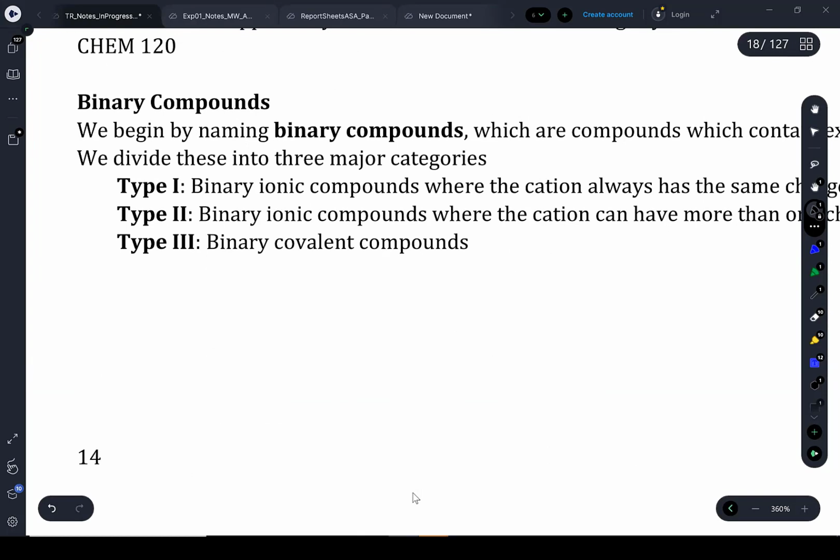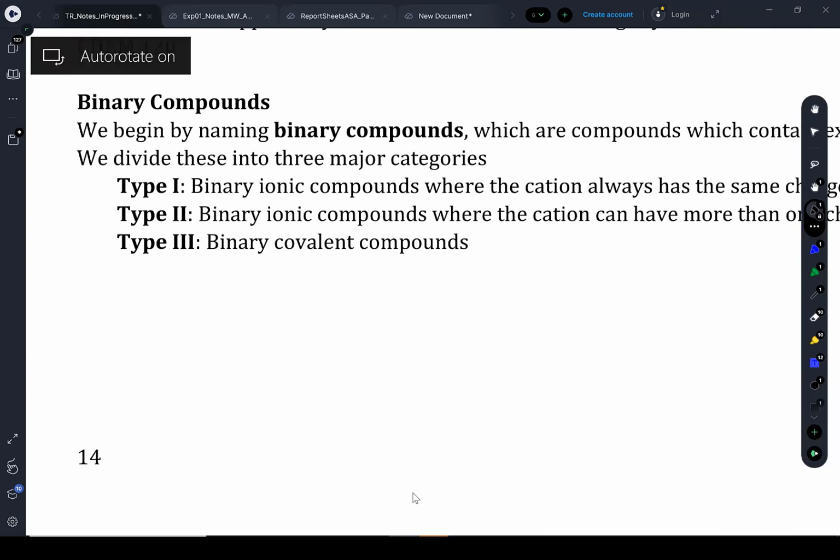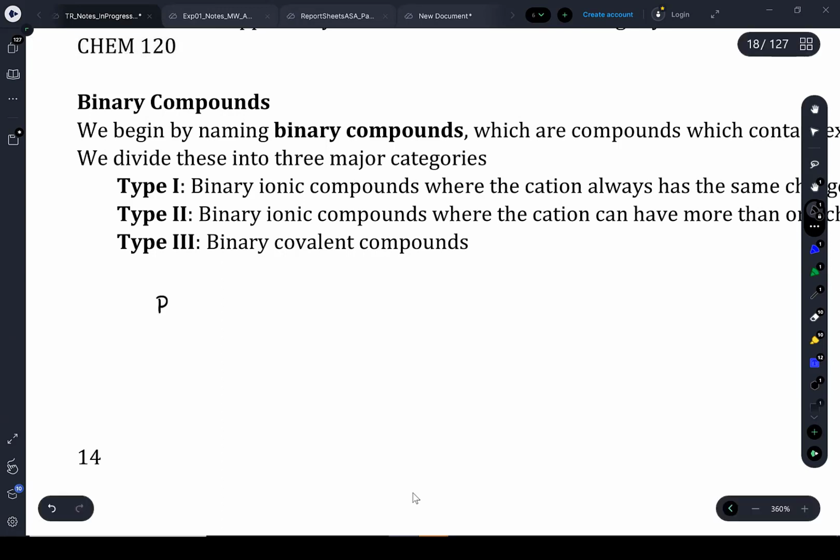You couldn't name, for example, this compound as of what we're going to do because of why? Yeah, there are 3 different nonmetals, and we're only going to worry about these type 3 compounds, which are 2 different nonmetals. We can't exceed 2.